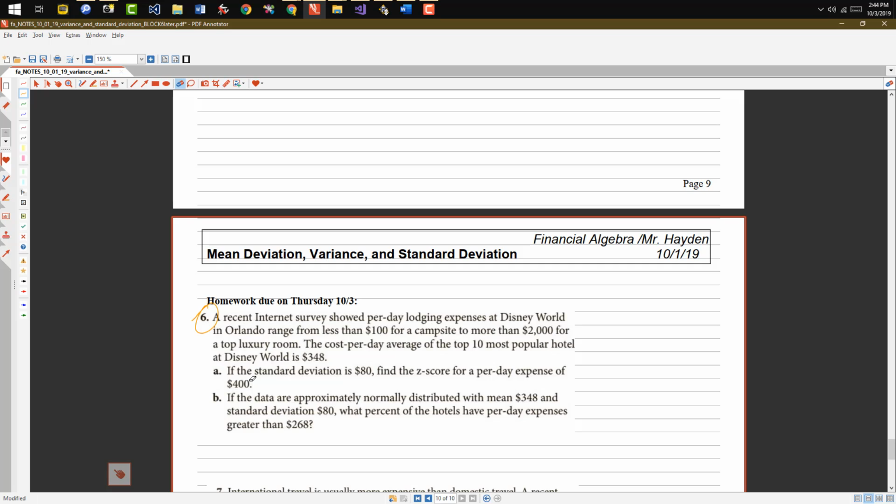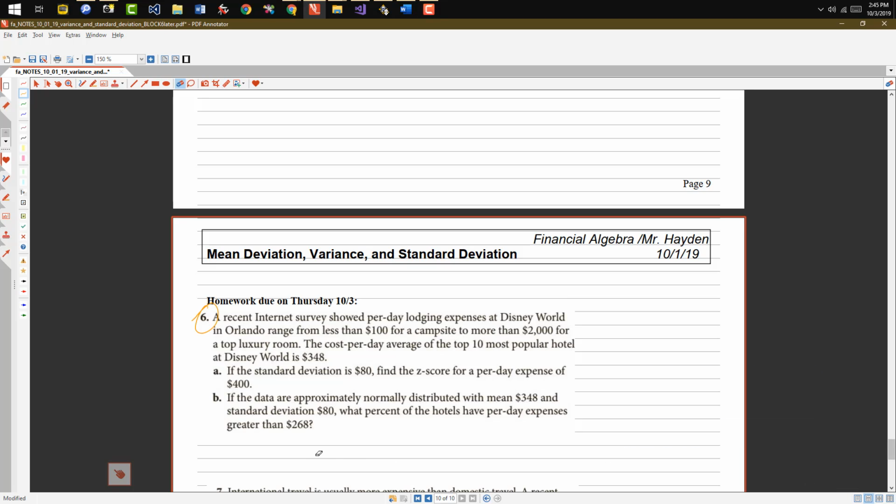So then it says if data are approximately normally distributed with mean 348 and standard deviation of 80, what percent of the hotels have per day expenses of greater than $268?